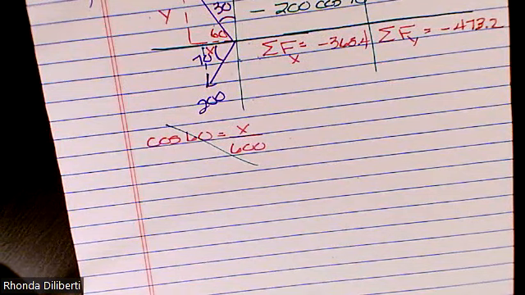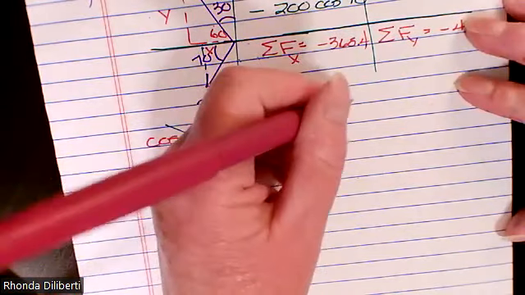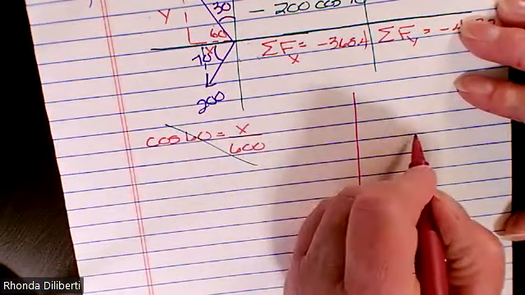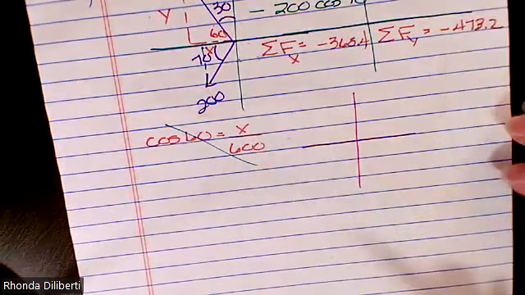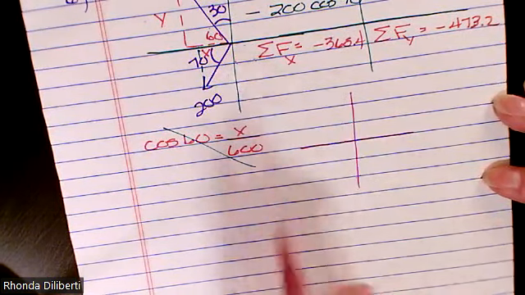Hold on a second, I lost my pen. All right, so I'm going to plot that over here. Well, I guess I'll just do it here. All right, so the net x component is negative 368.